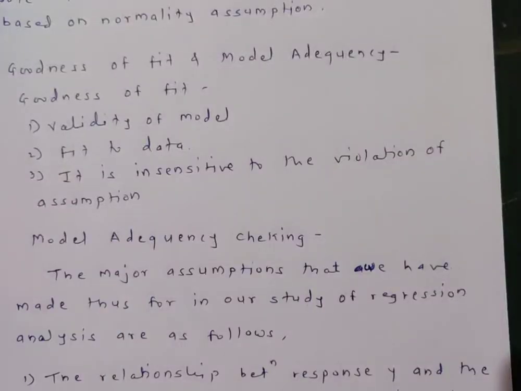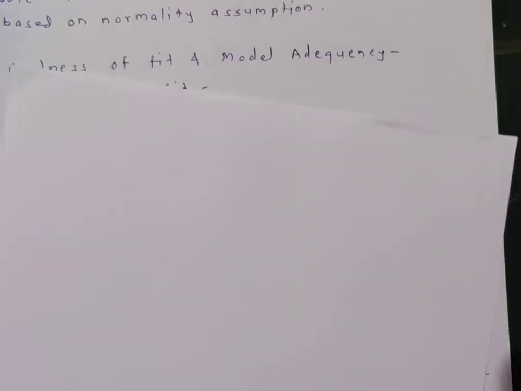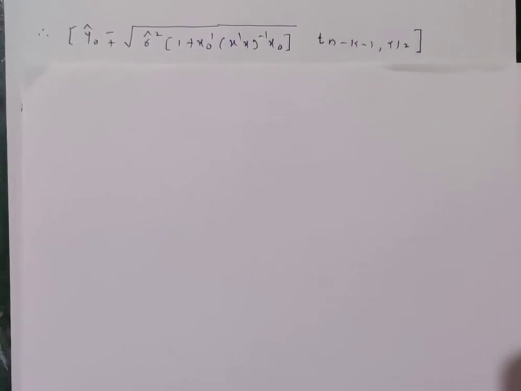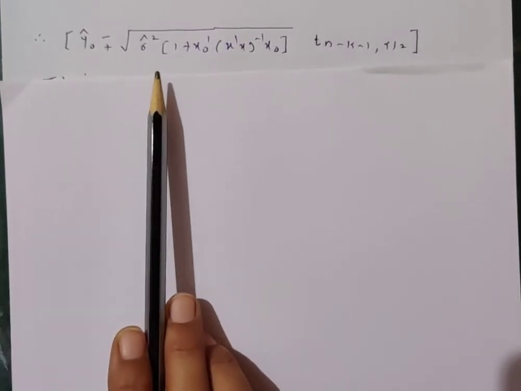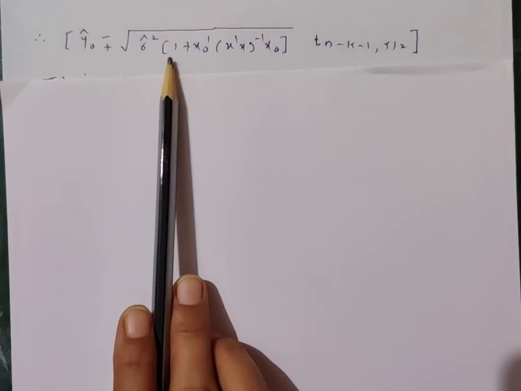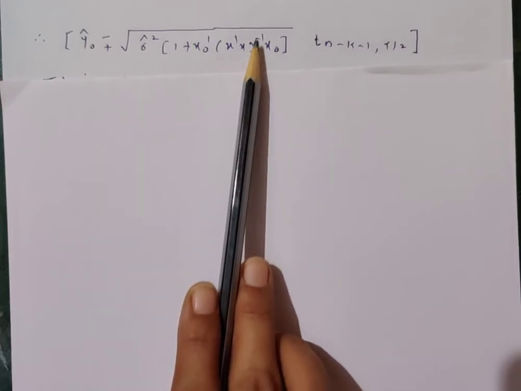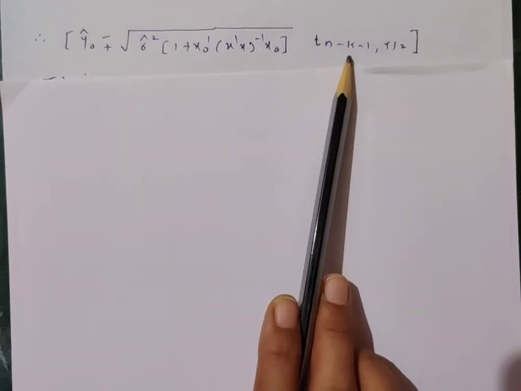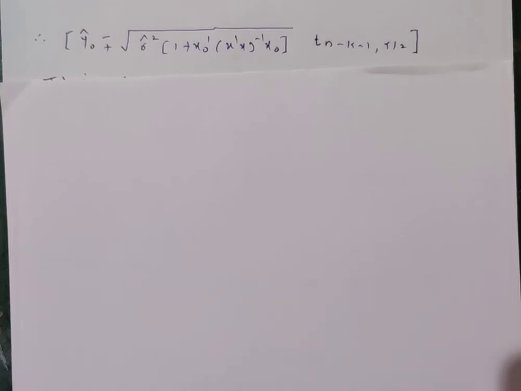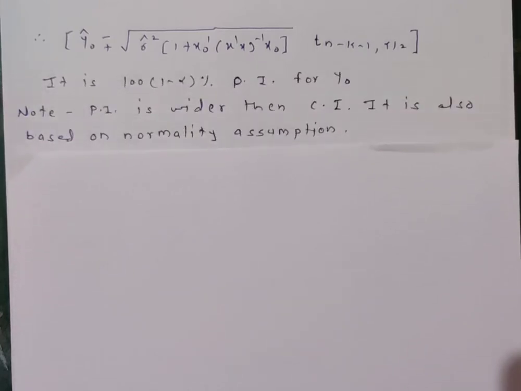We can directly write the prediction interval as y0 hat plus or minus t n minus k minus 1, alpha by 2, times the square root of sigma hat square into the bracket 1 plus x0 prime (X prime X) inverse x0. That is the prediction interval for y0.